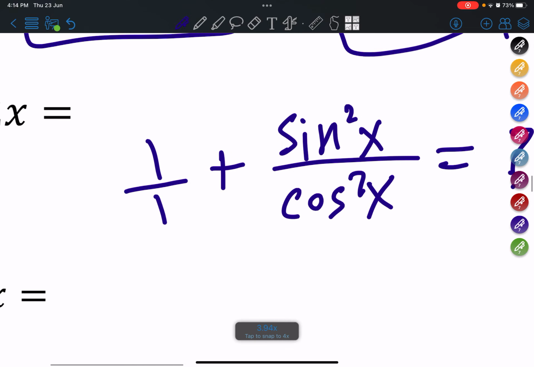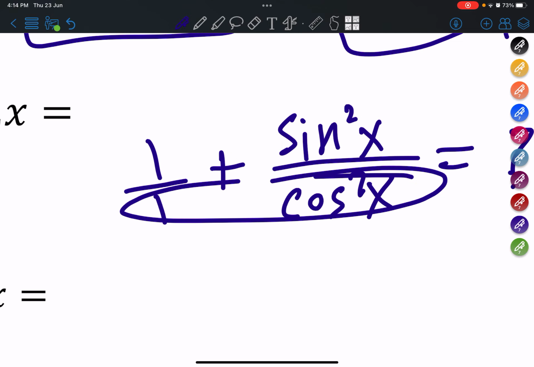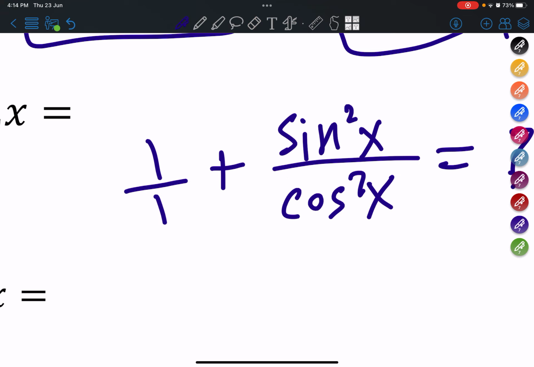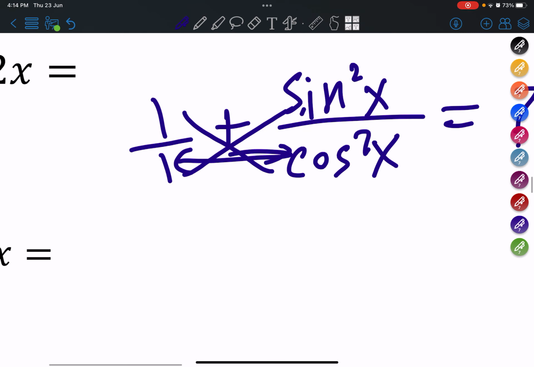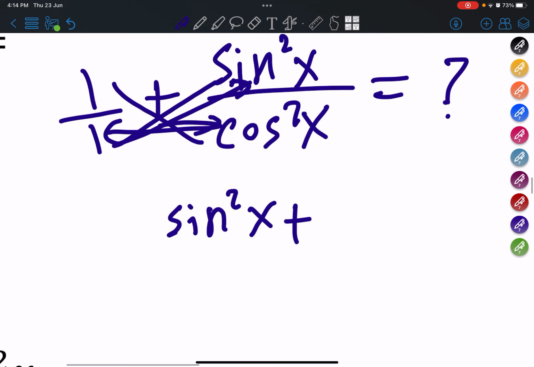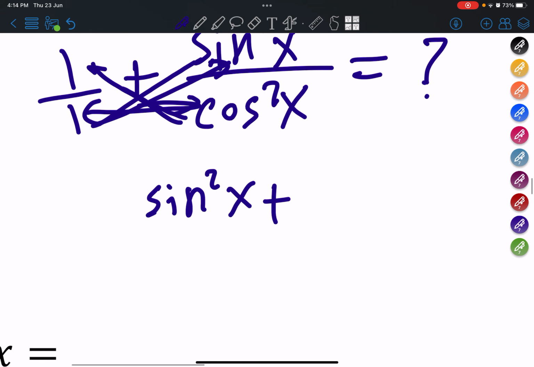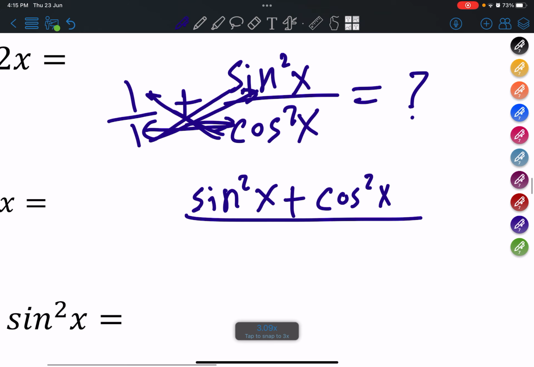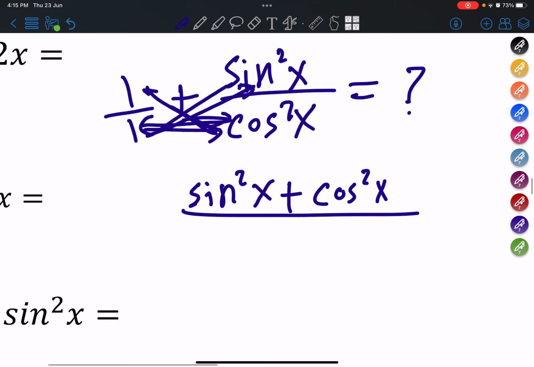So here we can make the denominator common, and let's multiply this by this and these two together. So it will give us 1 times sine squared x, which is sine squared x, plus cosine squared x, over 1 times cosine squared x.